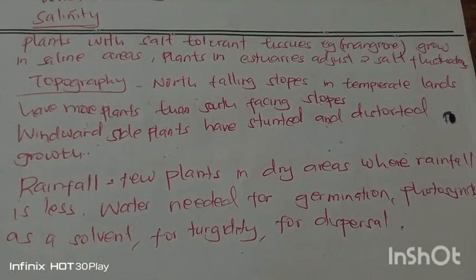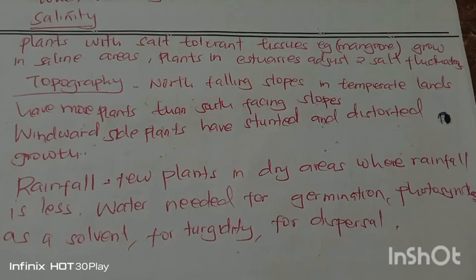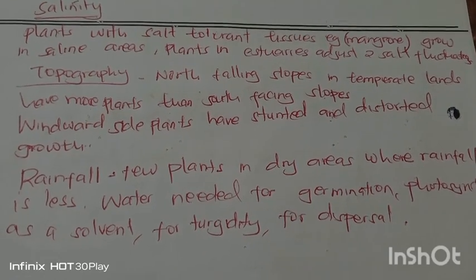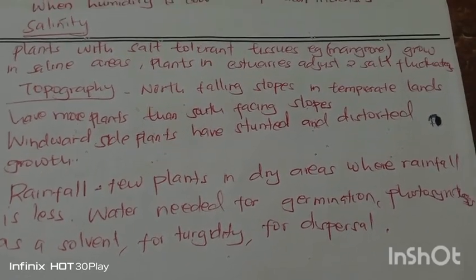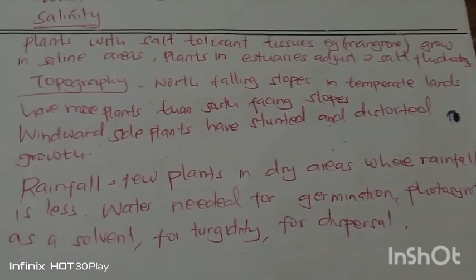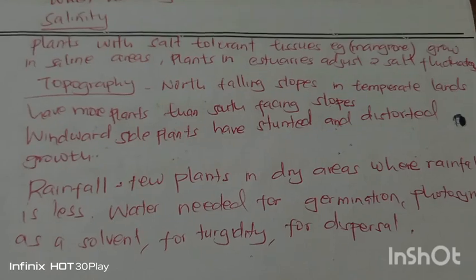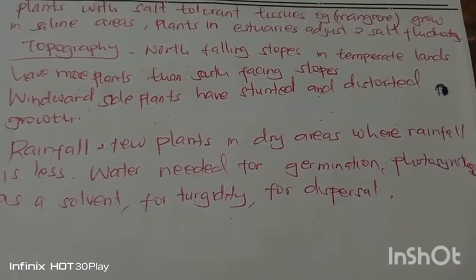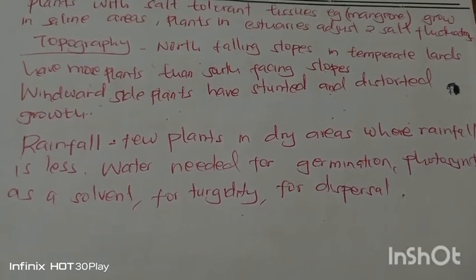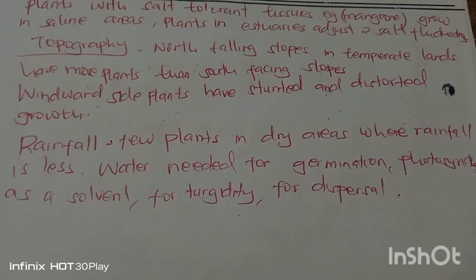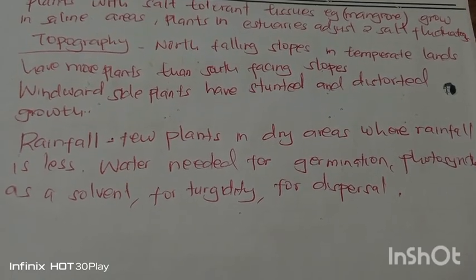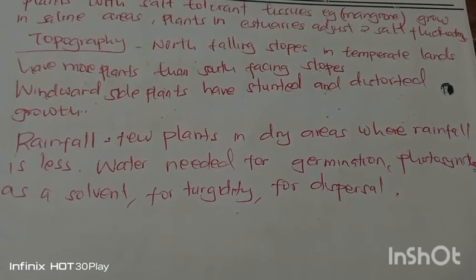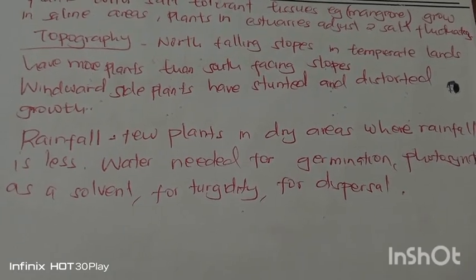Salinity. Plants with salt-tolerant tissues, e.g. mangrove, that grow in saline areas. Plants in estuary adjust to the salt fluctuations. Topography. You find topography is the slope of the land. So plants growing in slopes of temperate lands, they are more plants than south-facing slopes.